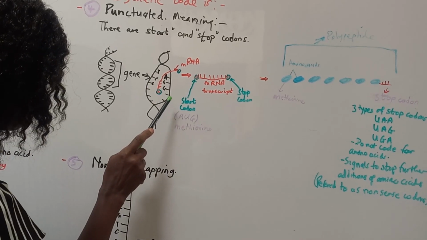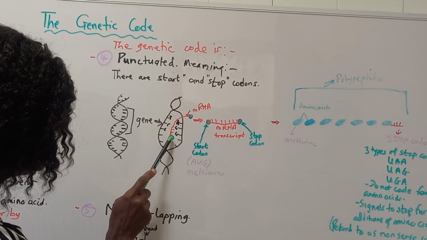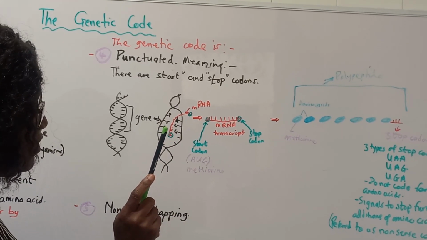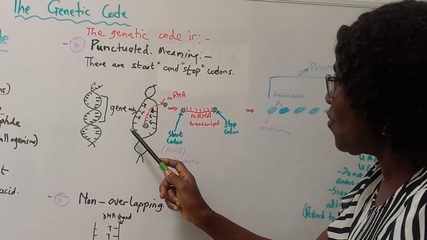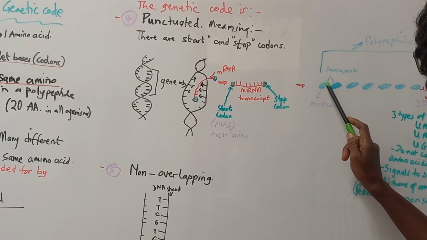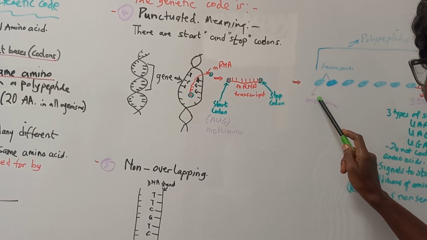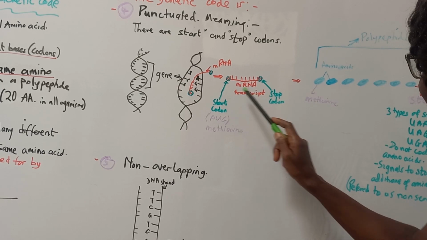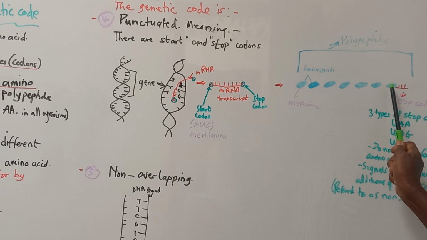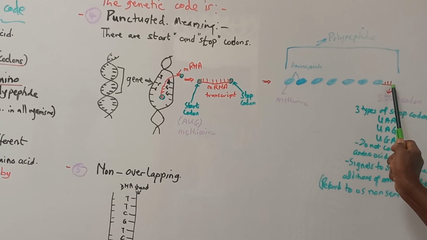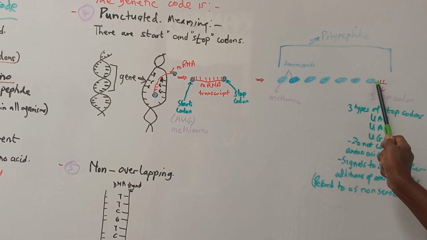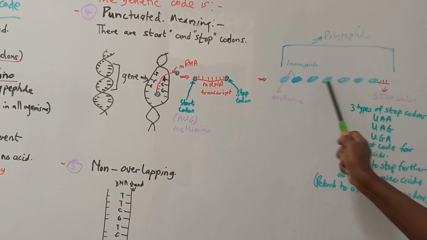And there's always a stop codon that will say stop putting in amino acids in this polypeptide. So for every polypeptide that is formed, the first codon is methionine, AUG. That's the start codon. And then the amino acids will be strung together. And when the stop codon is reached, it will give the signal to stop linking amino acids.